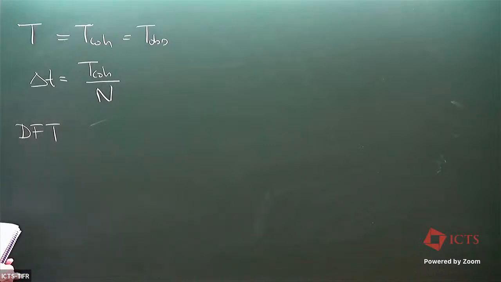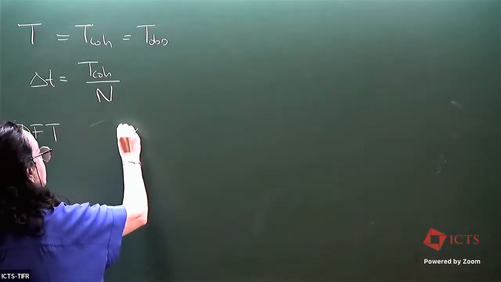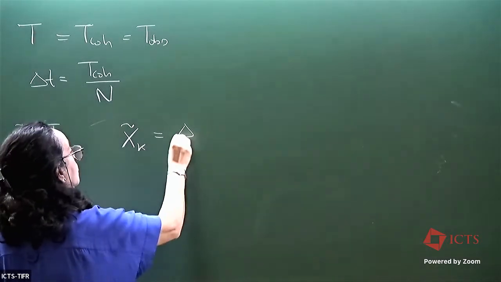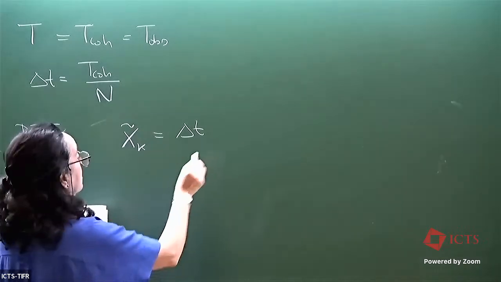I'm going to use the following convention for the discrete Fourier transform. And what I will be writing next is only valid following the normalization factors that I will be introducing. So let me define the Fourier transform with this delta t included here.